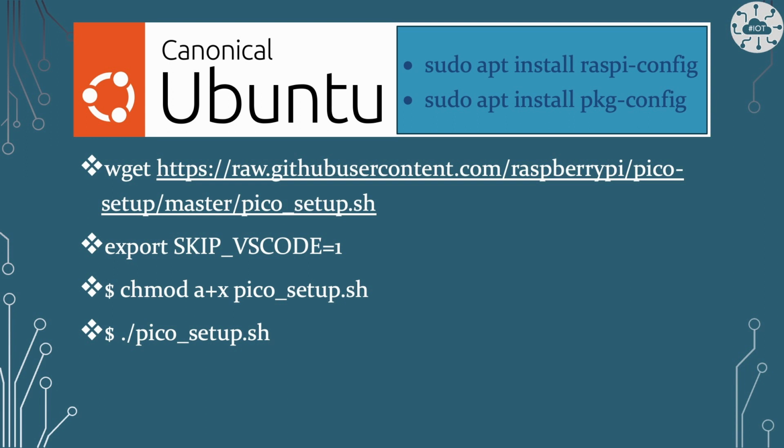You also need pkg-config. This seems to give you the libusb and a few other dependencies, and without that Pico setup will actually fail, and some of the builds it does during its installation will fall over. Again, I'm skipping VS Code because I don't want that installed. Then change the permissions to executable and run it.